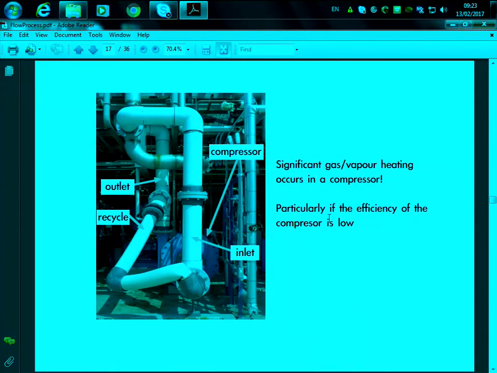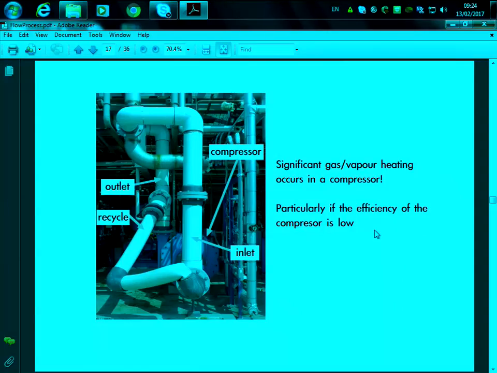So significant gas and vapor heating occurs in a compressor, right? As we said, and particularly if the efficiency of the compressor is low. So basically if we have a highly efficient compressor, we don't have any energy losses through the heating of the fluid.